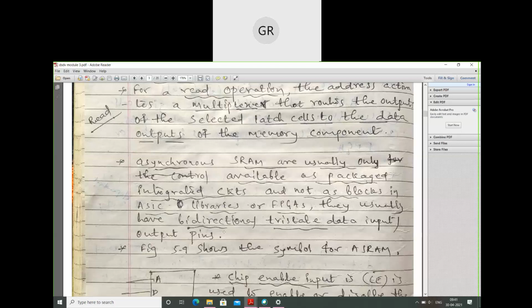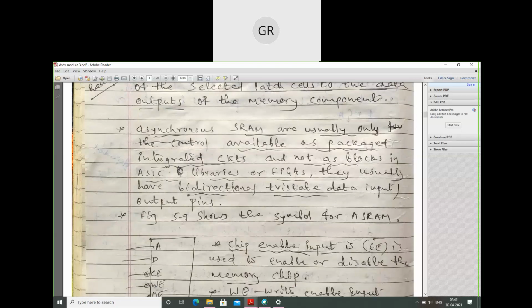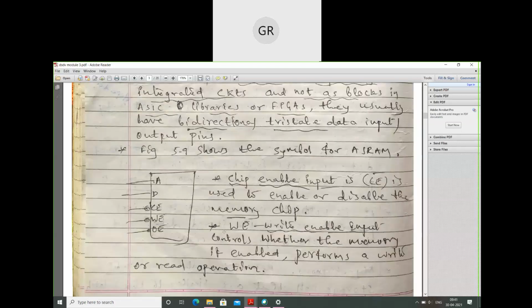Next we will discuss the symbol of asynchronous SRAM. This is the symbol. Here A indicates address, D is data. CE is the chip enable signal, since it is available as a chip.